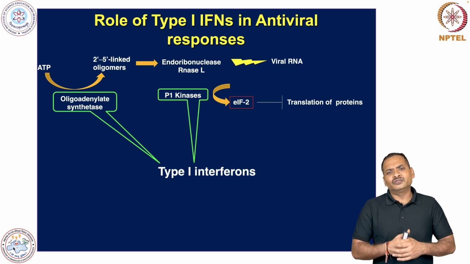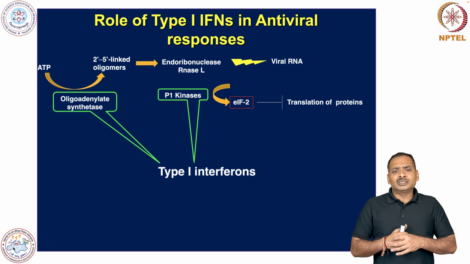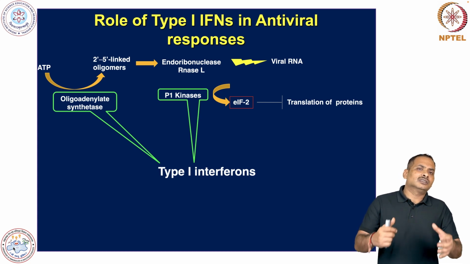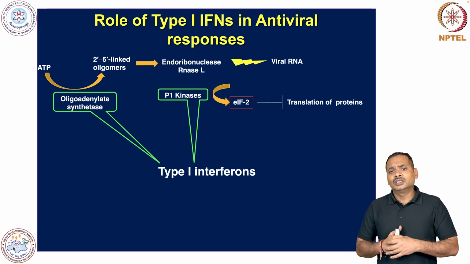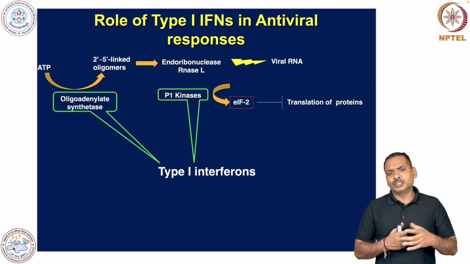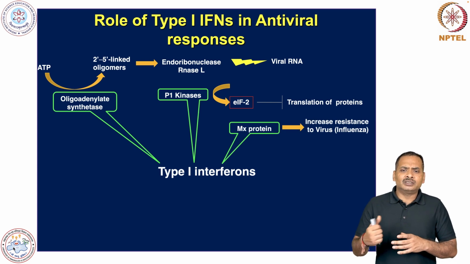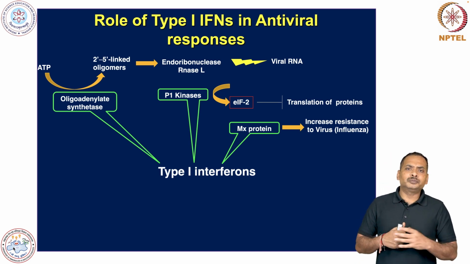I am just highlighting a few of these molecules, but it induces hundreds. This kinase is induced in order to shut down cellular metabolic activity, mainly protein synthesis, through EIF2, elongation factor 2. It also induces Mx protein in response to infection with influenza virus, and it provides some kind of resistance.